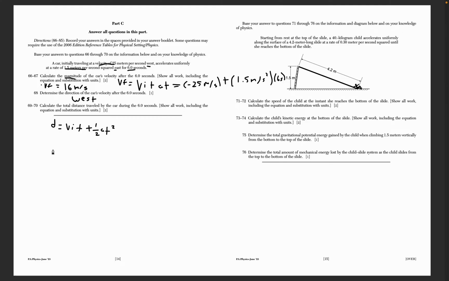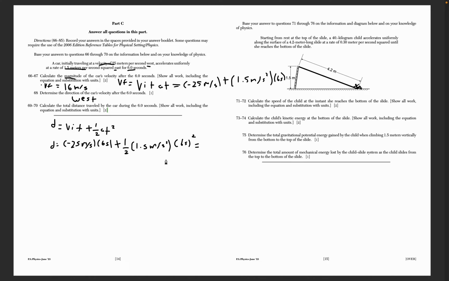which means that D is equal to negative 25 meters per second times a time of 6 seconds plus 1 half acceleration times the time squared.